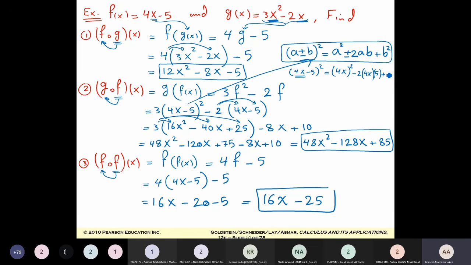This is after simplifying, or finding the perfect square. So we have 16x squared minus 2 multiplied by 4, negative 8, negative 8 multiplied by 5, negative 40x, plus 25. This is the rule. I put the rules.